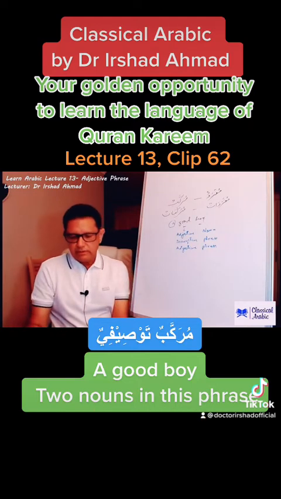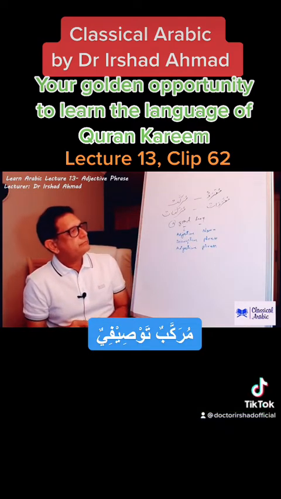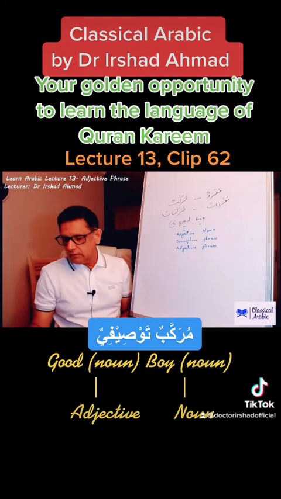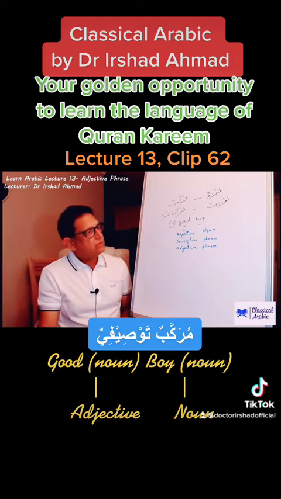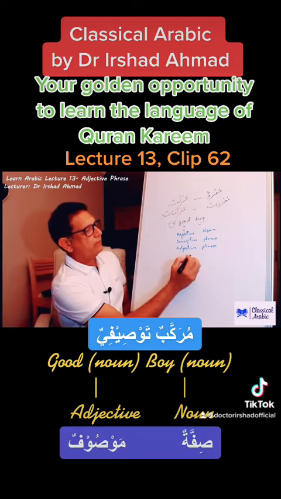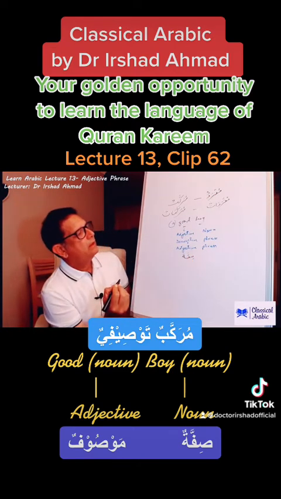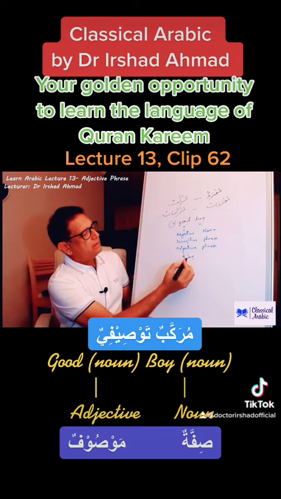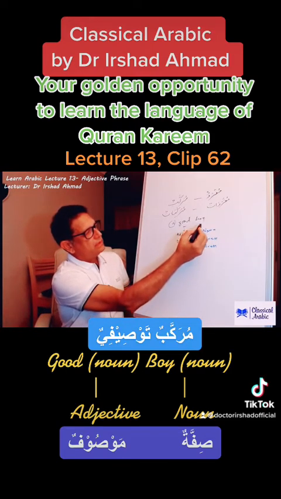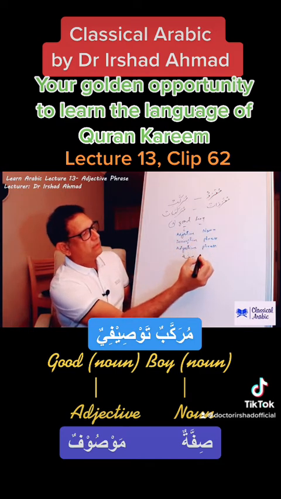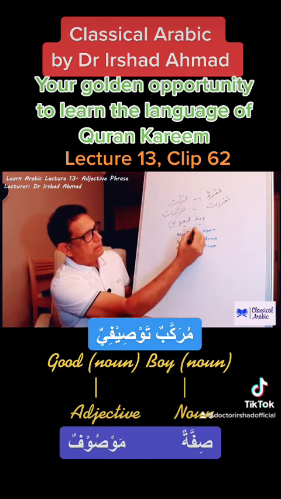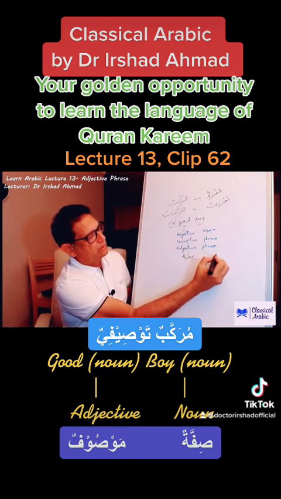What about Arabic? In Arabic, adjective is called sifa. We are familiar with this word now. Sifa is going to describe the boy, and that noun in Arabic is called mawsuf.